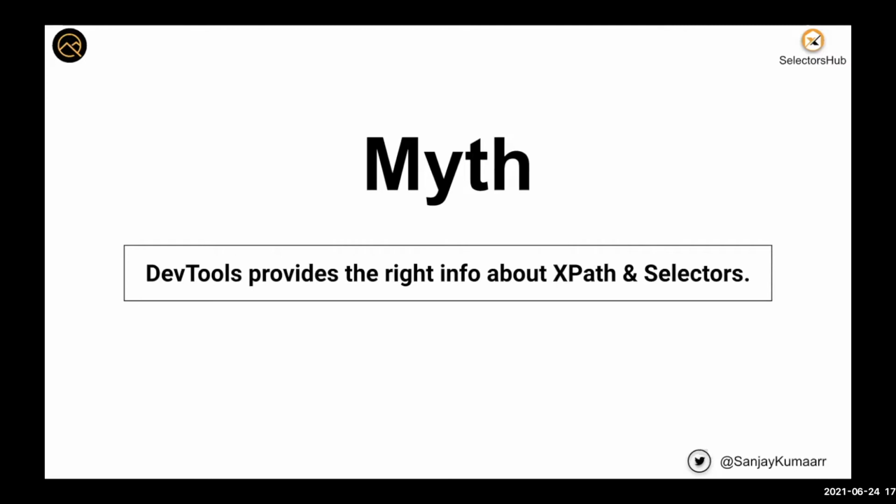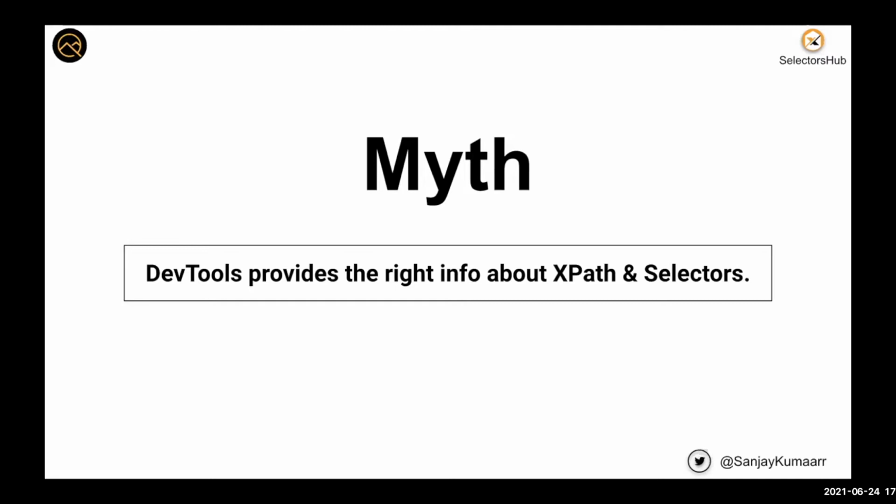So this is the biggest myth. Everyone is using a tool. DevTools is also a tool, right? But here we have to understand, is DevTools the right platform to verify XPath and CSS selectors? This was never discussed in our industry, and nobody ever talked about it.